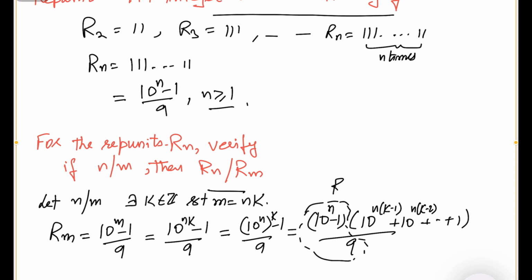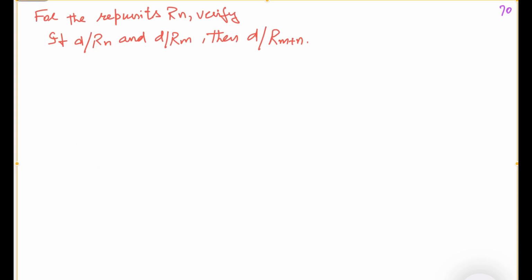So using again the definition of divisibility, Rm is an integral multiple of Rn, which means Rn divides Rm. Answer.